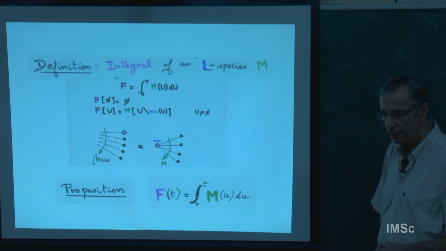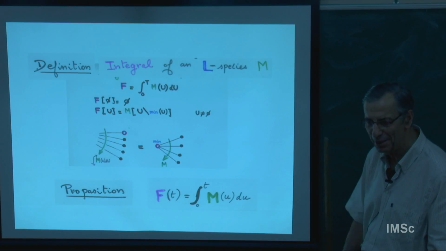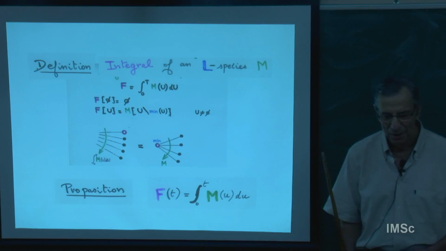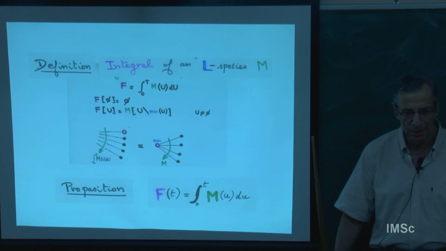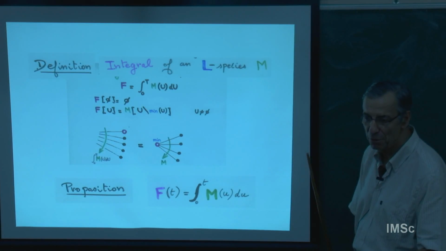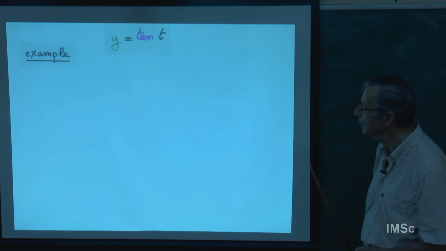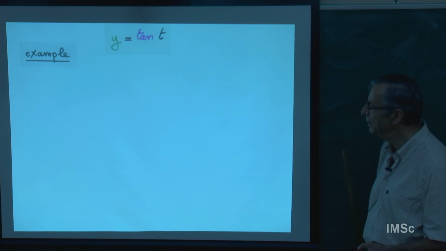So this is the integral of L-species. You see, we really need the minimum of the total order, and this is much easier to do than if you don't have a minimum total order, and than doing differential equations with set species, the first species of last time. Now we can do integral and differential calculus much more efficiently.